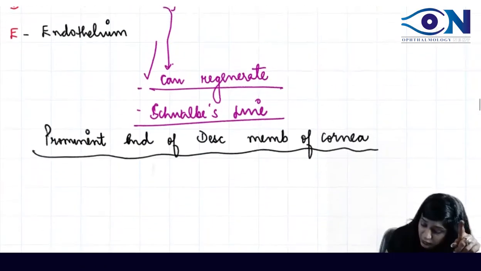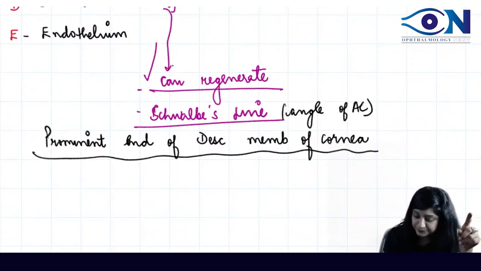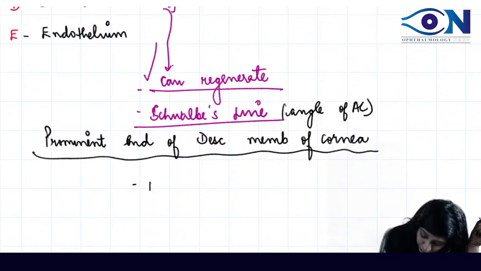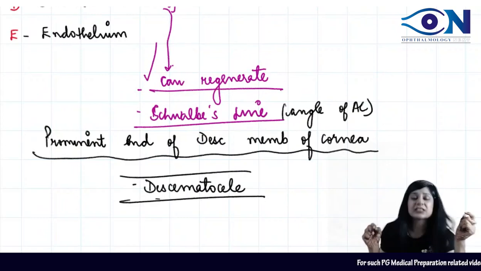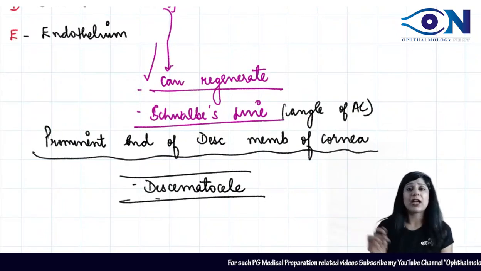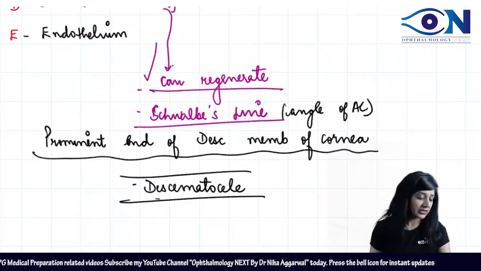So this is actually a part of the angle of the anterior chamber. And then it also forms the descemetocele. Descemetocele we will be discussing in bacterial corneal ulcer, so I am not talking about it now.